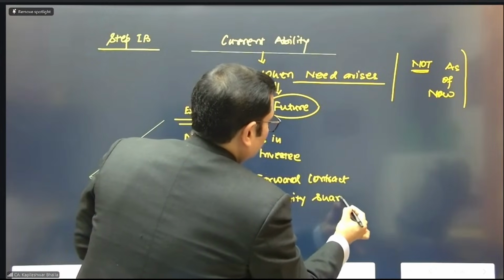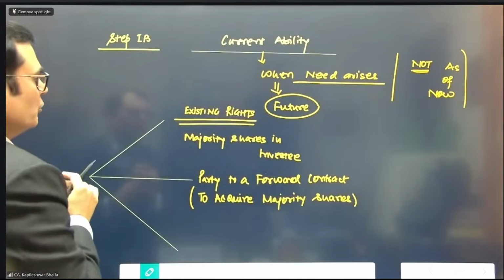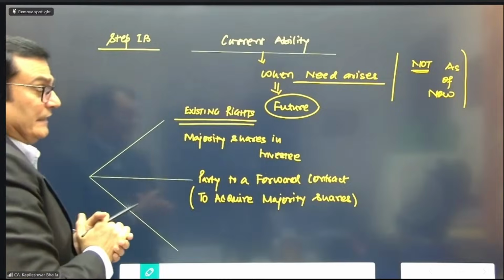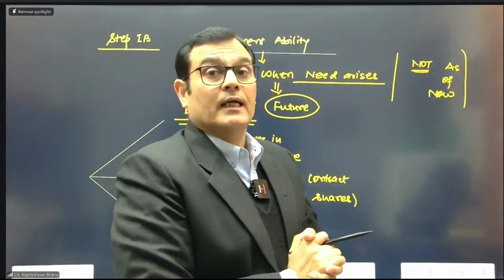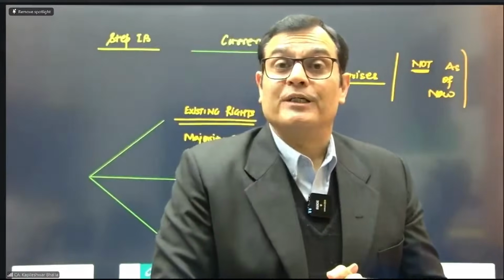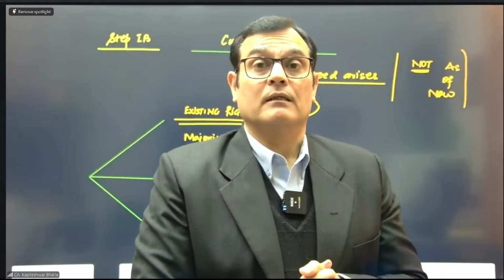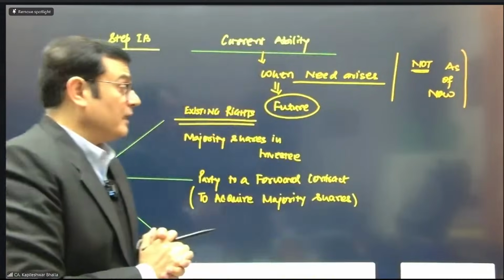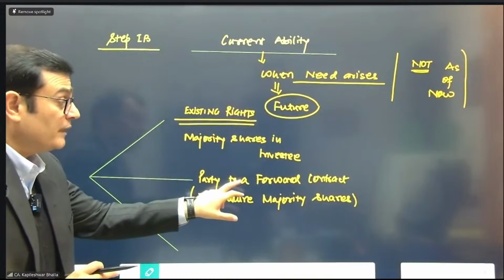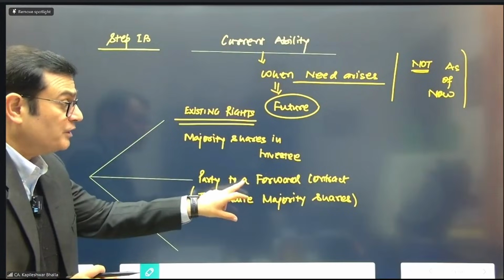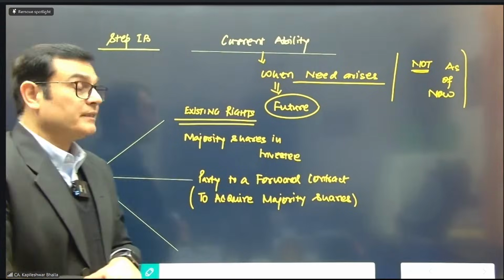Do you call this an existing right? Yes. I may not have majority shares today, that's fine. But I am a party to a forward contract where I will acquire majority shares. That's an existing right.